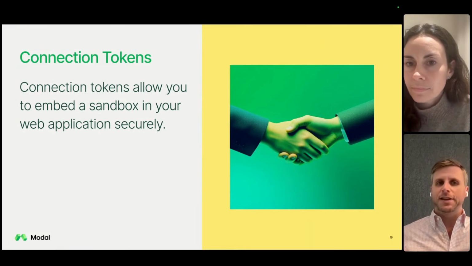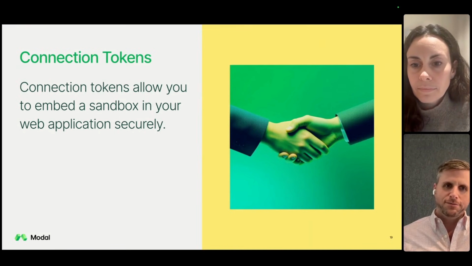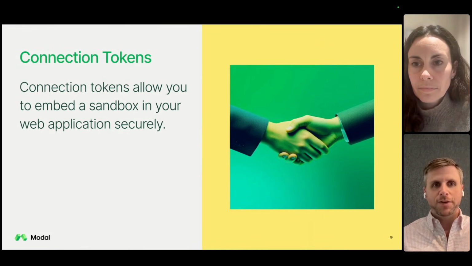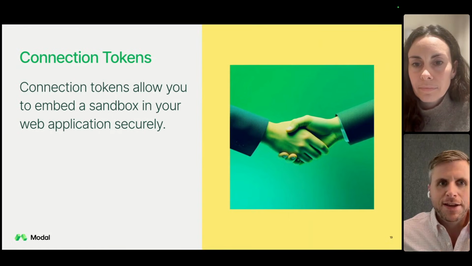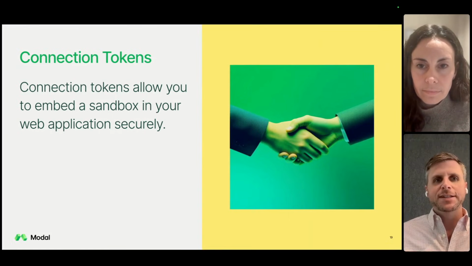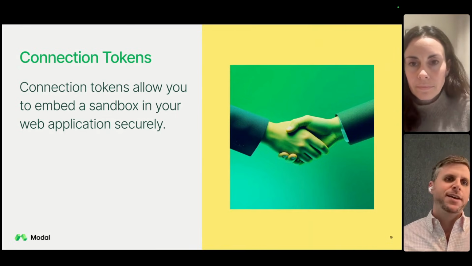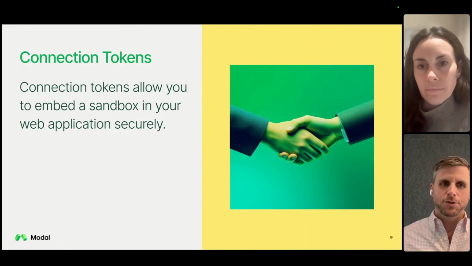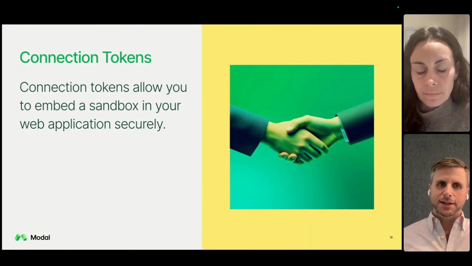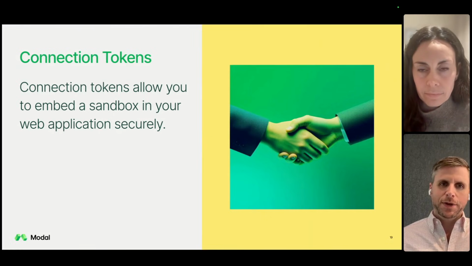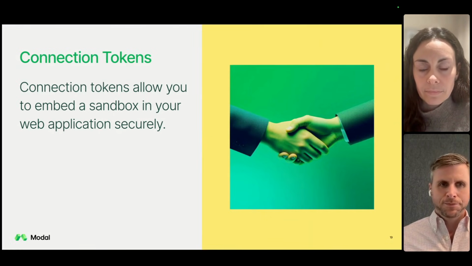And so anybody who can access that could access the server that you're running in that sandbox. So we provide connection tokens, which are a way of embedding a secret in that URL that is not sent over plain text, is only sent encrypted, and allows you to authenticate who's actually accessing that sandbox, including when you're embedding it in a vibe coding application.